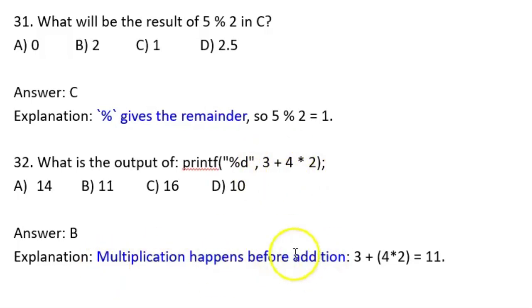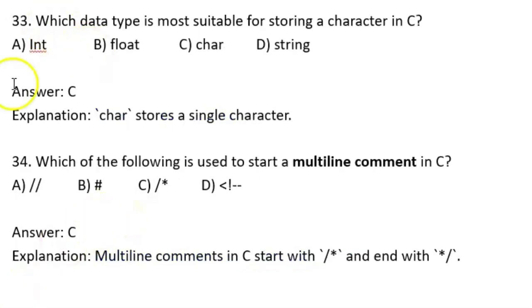Multiplication happens before addition. 3 plus 4 is 7, 7 times 2 is 14, but this is not correct, because multiplication comes first: 4 times 2 is 8, and 8 plus 3 is 11. The answer is B, 11.